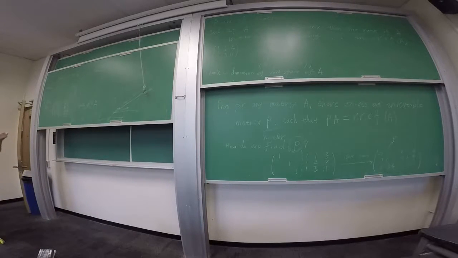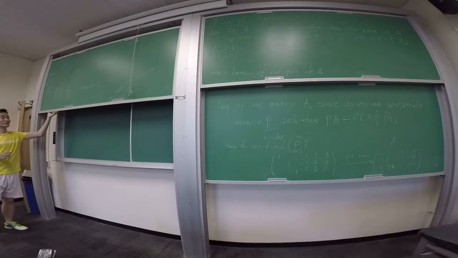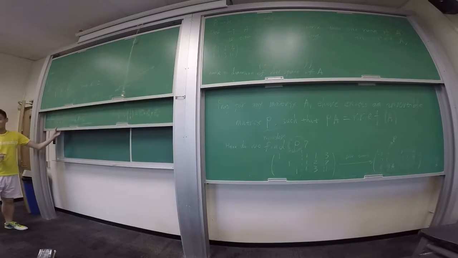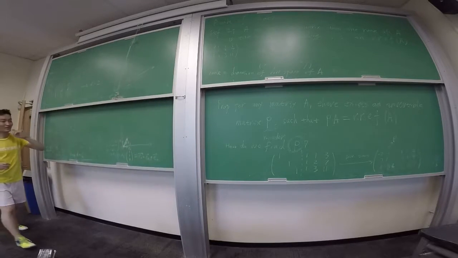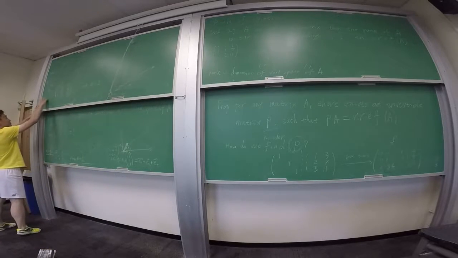But this is only the geometric understanding. We still have to do that rigorously. The method we use rigorously is to reduce to reduced row echelon form. I already did that, but let me do that again. 1, 1, 1; 2, 3, 1; 4, 7.